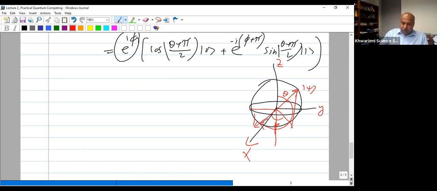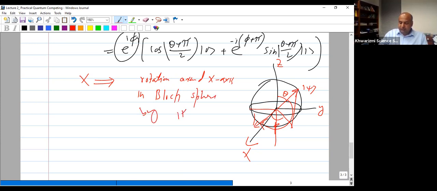So remember the general operation of this gate X as rotation around the x-axis on the Bloch sphere by 180 degrees. This is the general action of this gate.